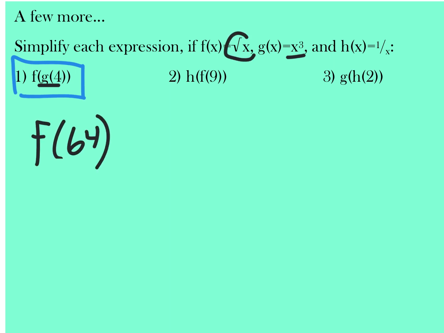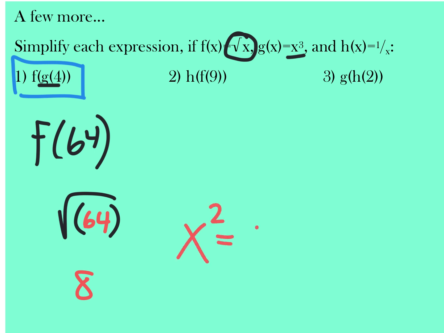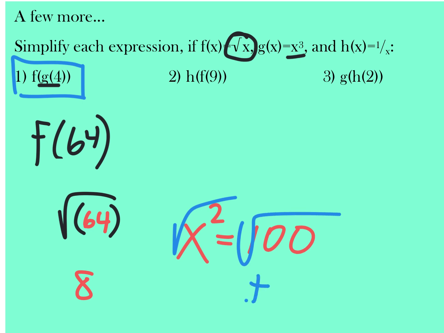I go over here, and that is square root of something, and it's square root of whatever you stick in, which we're sticking in 64. Is there a nice clean answer for that? Yes? 8. And some sad kids are going to be like, isn't it plus and minus 8? No. Somebody's made you think that, saying, oh, it's plus and minus 10.